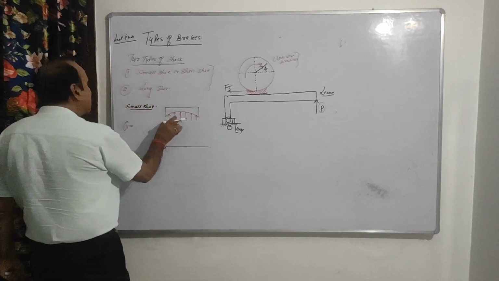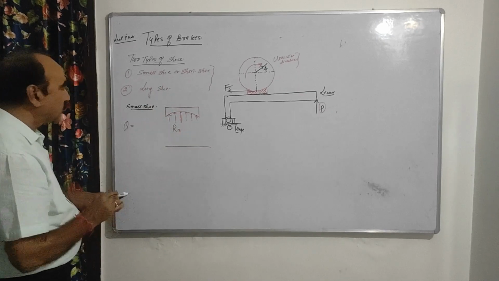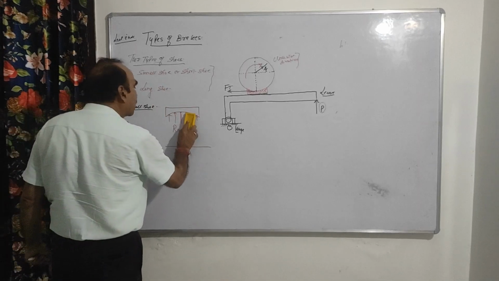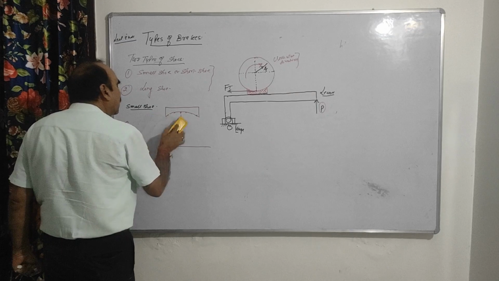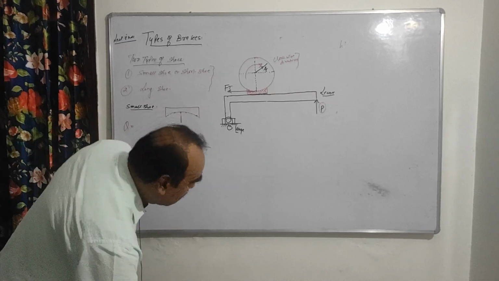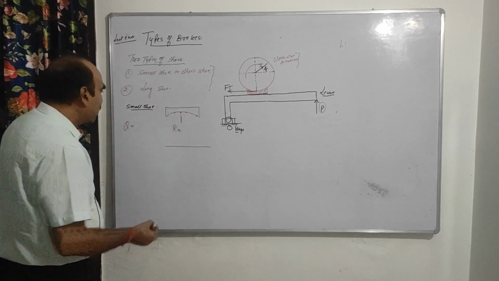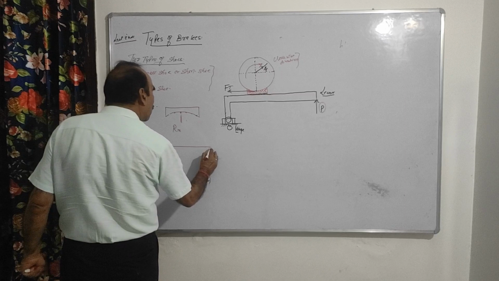In small shoe, we take only a single pressure at the center, that is the normal force, Rn. What about your long shoe?